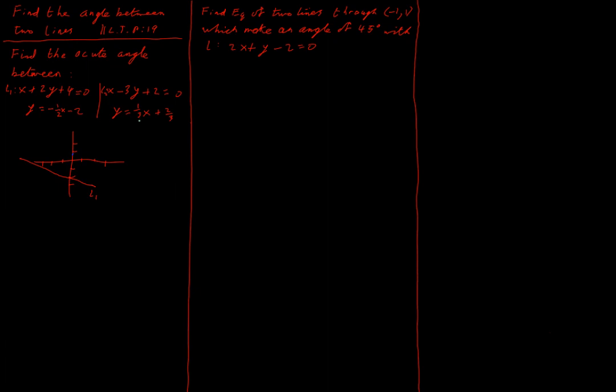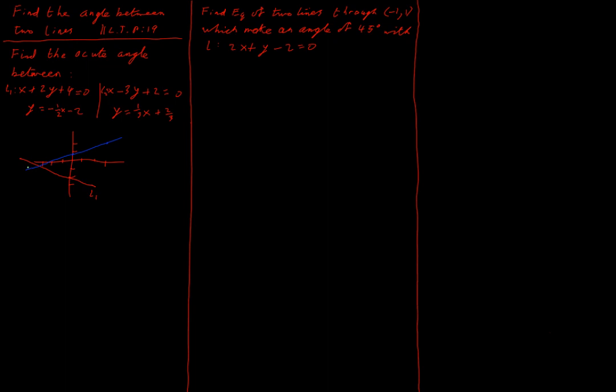And it has a slope of 1/3, so if I run across by 3, I'm going to go up by 1. So run across by 3, go up by 1. Those are my two points, and very crudely, those are my two lines.